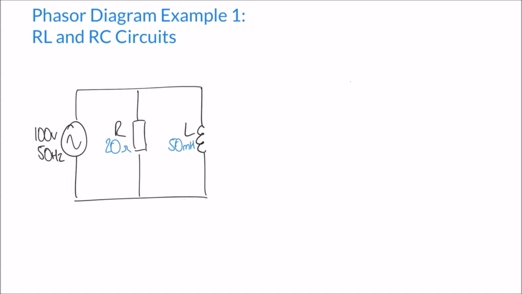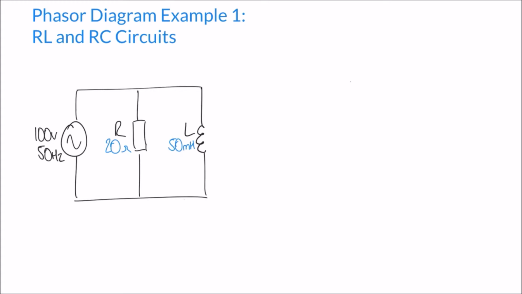So in this first example video, we've been looking at RL and RC circuits, and we've looked at both series RL and RC circuits. But in this last little circuit here, I want to look at an example of a parallel circuit, and that changes a couple of things for us. First of all, now there's more than one current in the circuit.